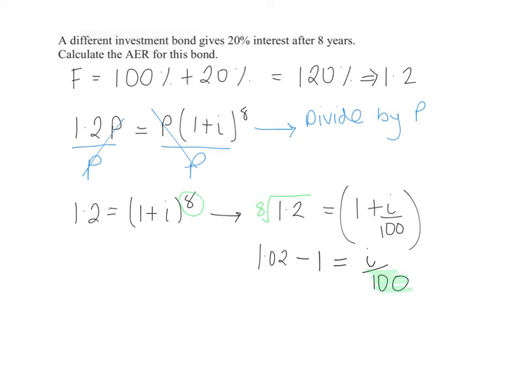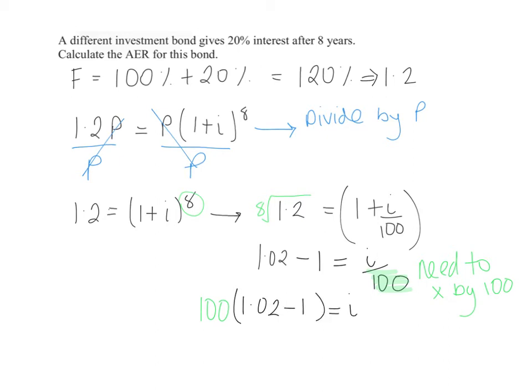I need to multiply by 100. So what does that mean? That means I'm going to say 100 times 1.02 minus 1 is going to give me I.